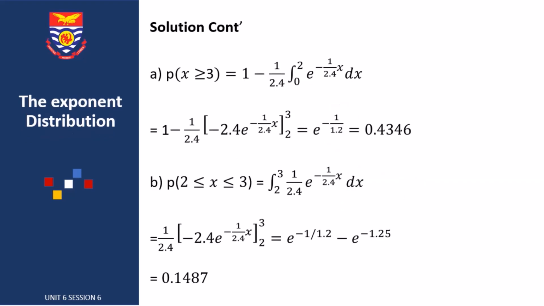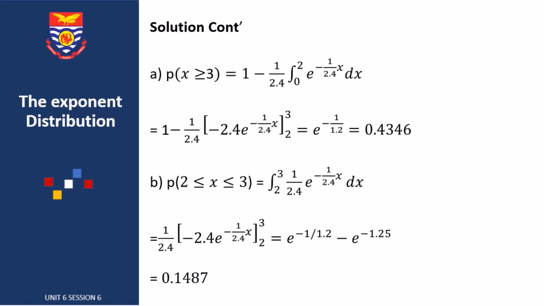Now we have to find the probability of X more than 3. Of course, remember that in the question, more than 3 means from 3 to infinity. So getting more than 3 will be 1 minus the integral from 0 to 3.